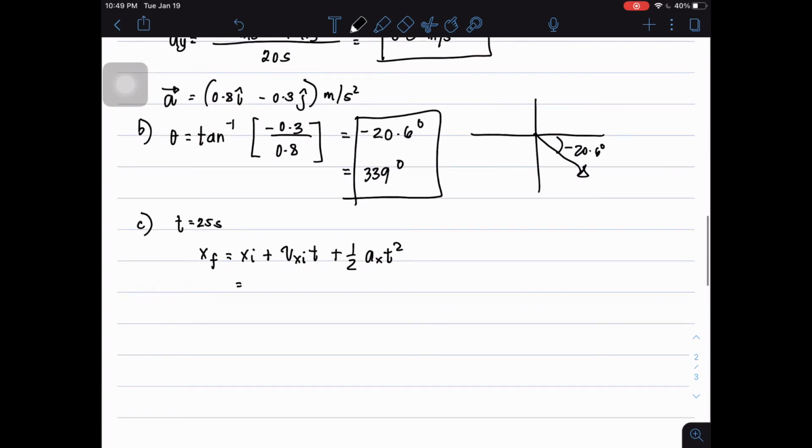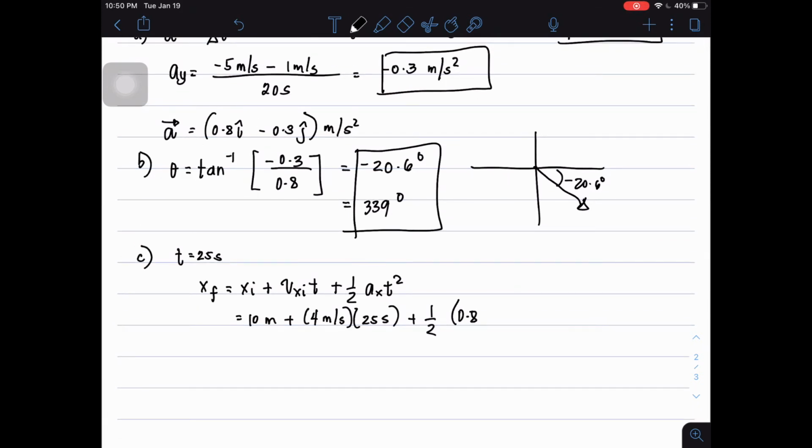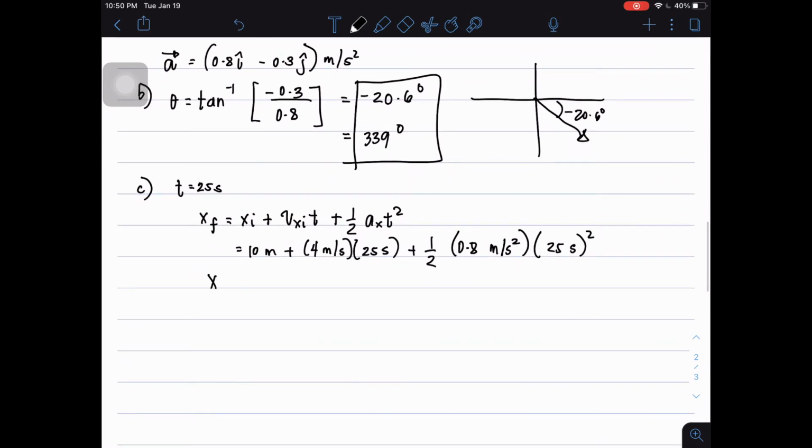So that's 10. The x component of the initial velocity is 4 meters per second times 25 seconds, right? And the acceleration is 0.8, as we have solved earlier. Then you will have your value for x sub f, which is equivalent to 360 meters.